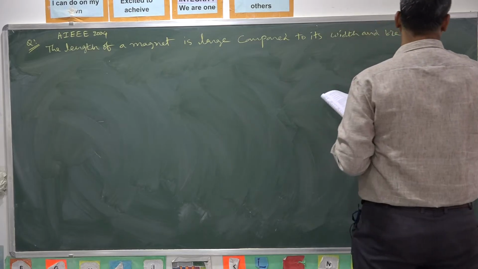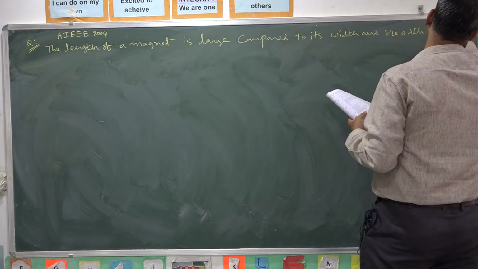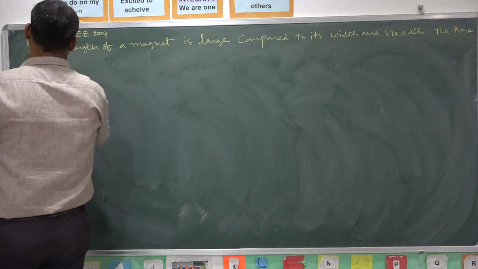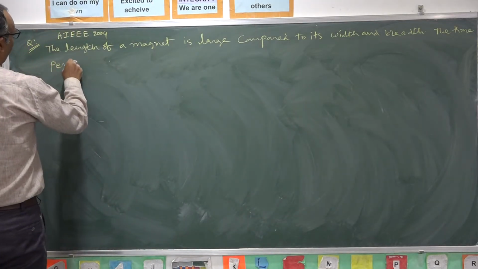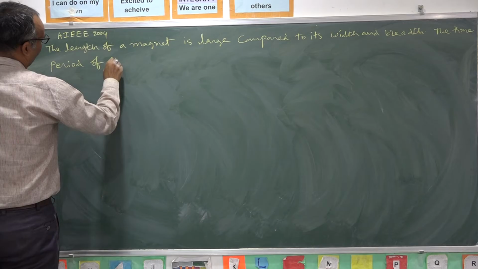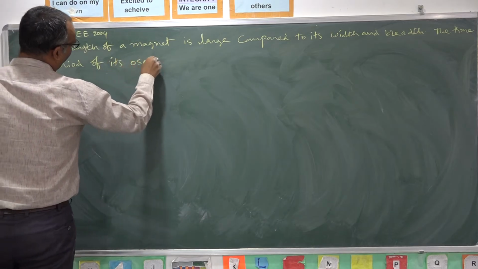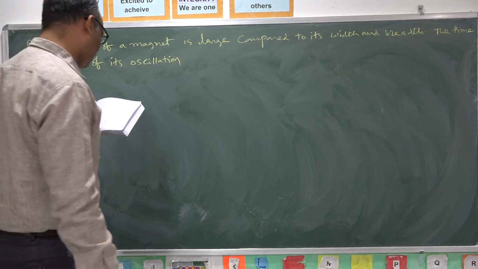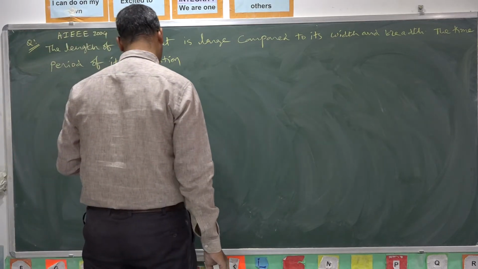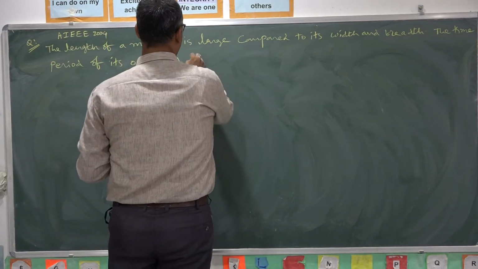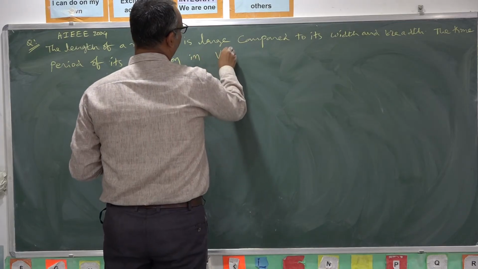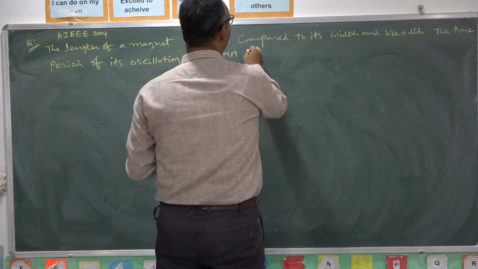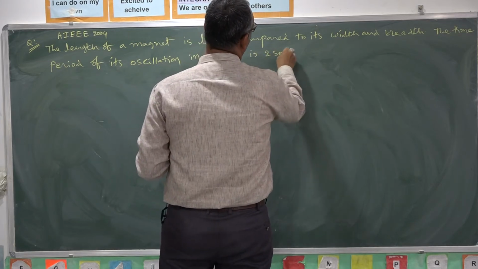The time period of its oscillation in a vibration magnetometer is 2 seconds.